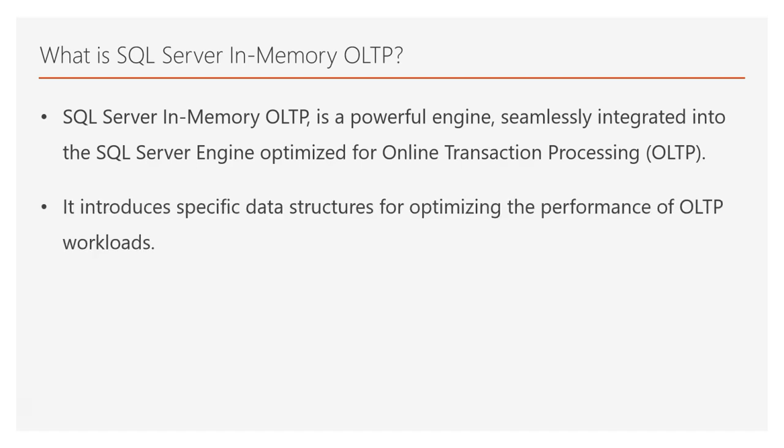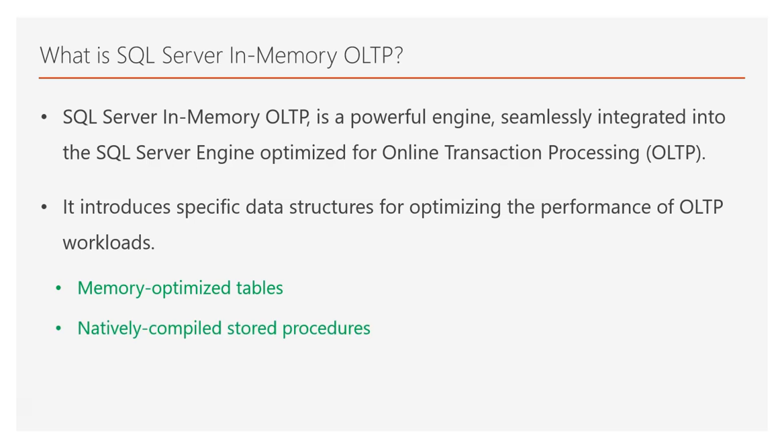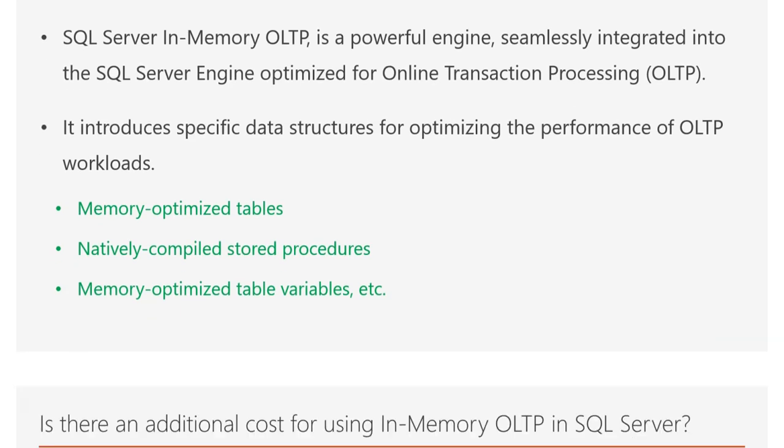In-Memory OLTP introduces specific data structures for optimizing the performance of OLTP workloads. For example, it introduces memory-optimized tables, natively compiled stored procedures, memory-optimized table variables, and other related T-SQL constructs.